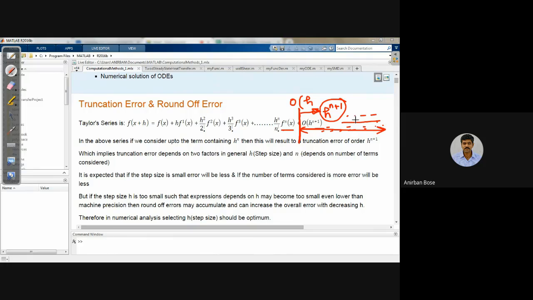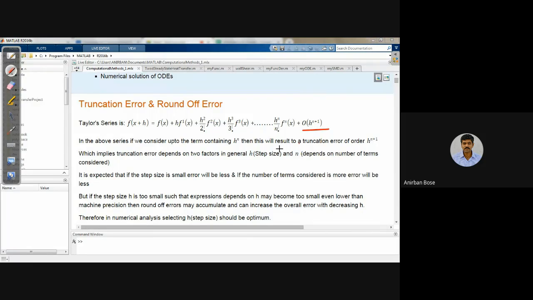The leading order term of the remaining terms is h to the power n plus 1, that is basically the largest of all the remaining quantities. So this O h to the power n plus 1 indicates basically the truncation error, the order of truncation error. So here the order of truncation error, if we cut it here, is h to the power n plus 1.